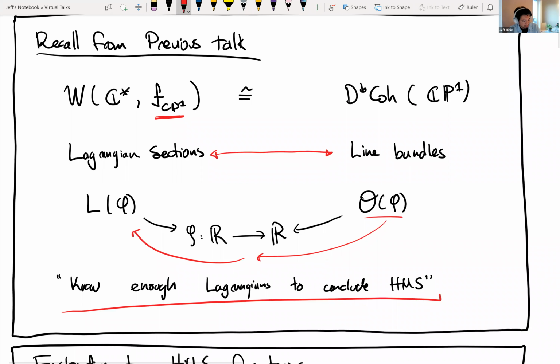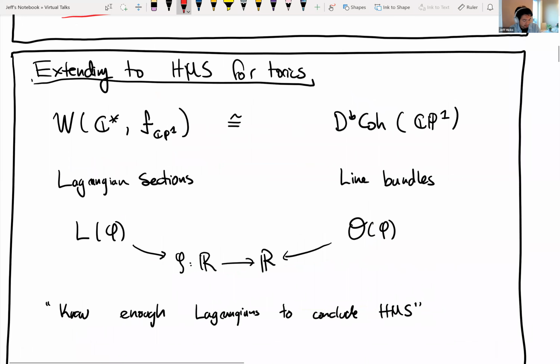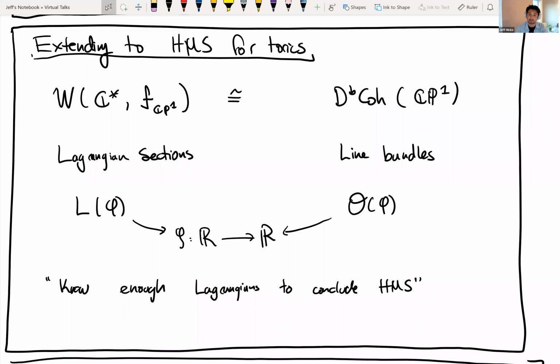Now, the example that we're going to want to look at is extending this for torics instead. So instead of looking at CP1, we'll be looking at a toric variety X check sigma. In this example, sigma should be smooth and projective.